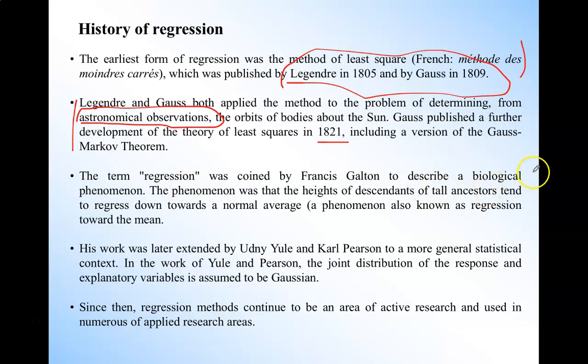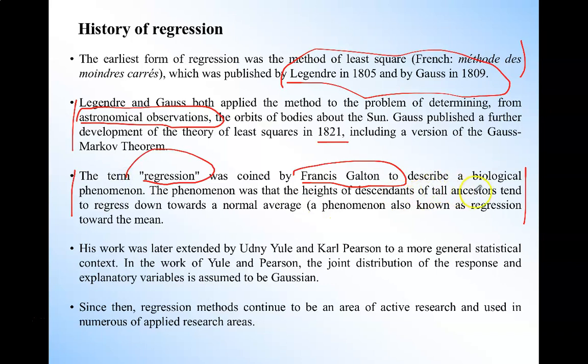And this regression was also used by a person called Francis Galton, who used the term regression to describe a biological phenomenon. What did this person do? Actually, he looked at the phenomenon that the height of the descendants of tall ancestors tends to regress down towards a normal average, a phenomenon known as regression towards the mean.